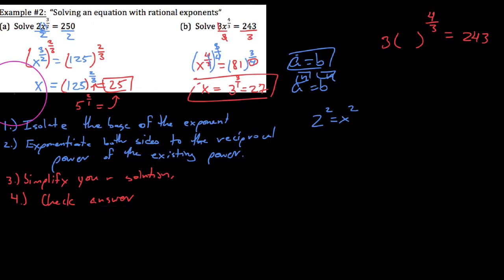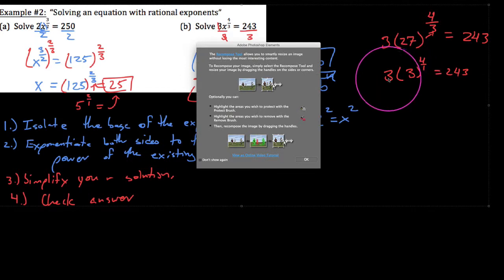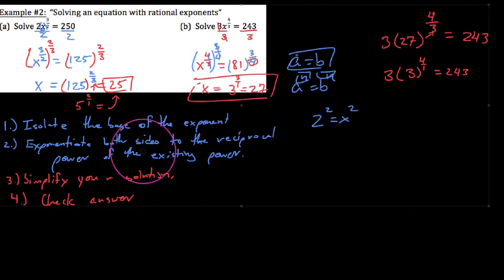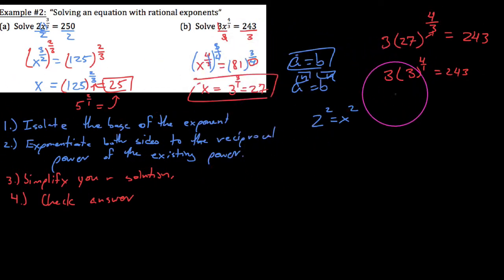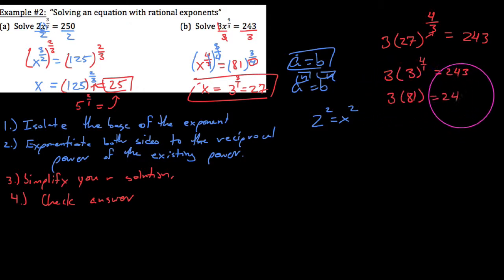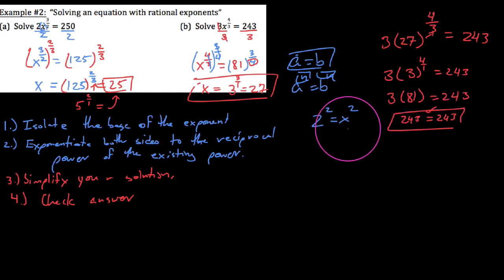The cube root of 27 is 3, so I get 3 times 3 to the 4 over 1 equals 243. So 3 to the 4th is 81, and 3 times 81 is 243. You can see how this works out. That is how you solve a radical equation with rational exponents.